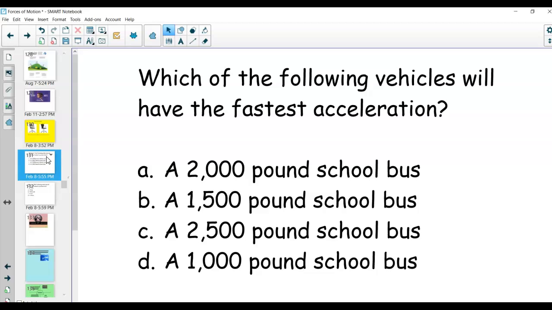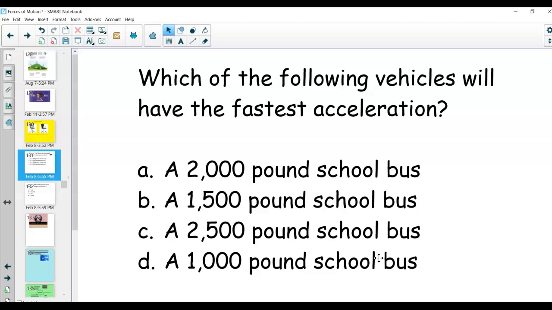And it would be the pickup truck. So even though the school bus here is lighter weight, it's not trying to move as much as quickly. So the 1,000-pound school bus would be able to accelerate quicker.